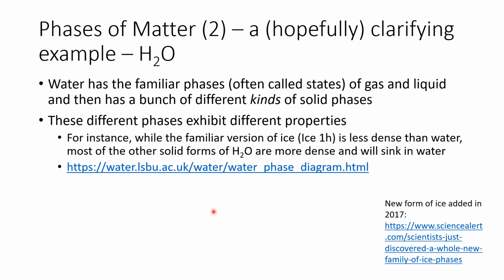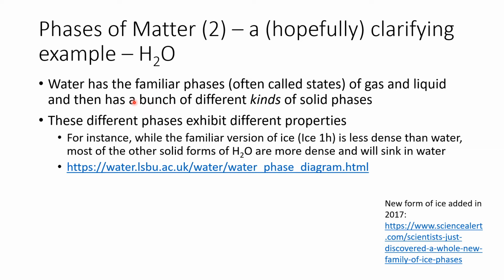Another example I like to use to point this out is water ice. So we're just talking about H2O. We're not talking about any other chemical. So all H2O here on this slide. When it freezes to become water ice, that's actually not that simple.